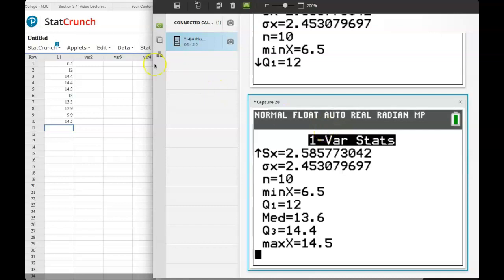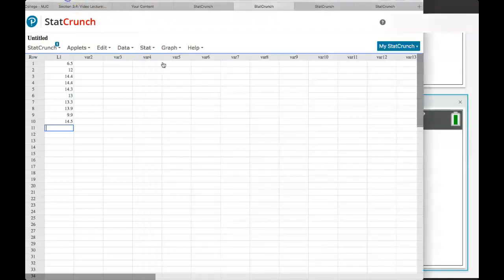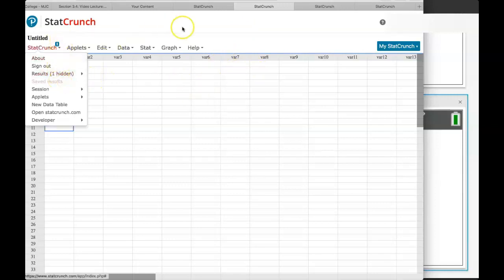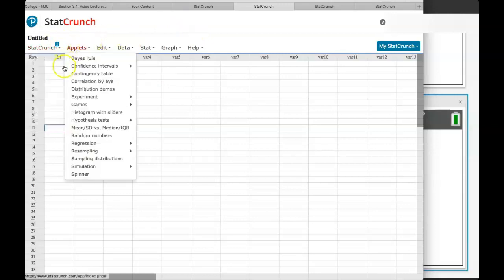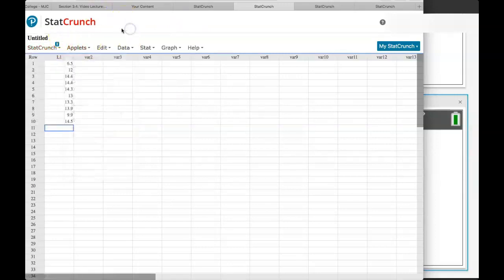Now using StatCrunch. When you enter StatCrunch after you sign in, exactly the same as what I did in the previous section, open that yellow box, open StatCrunch. After that, you have this page, enter your data into this column.